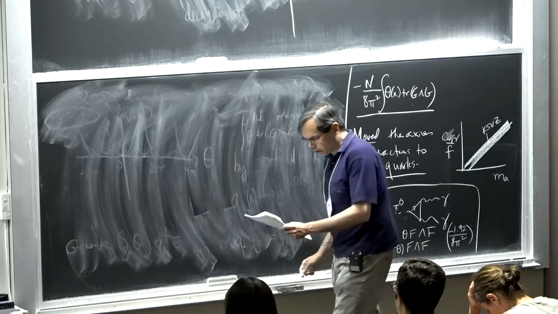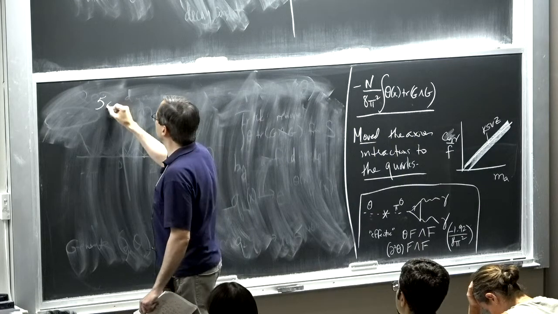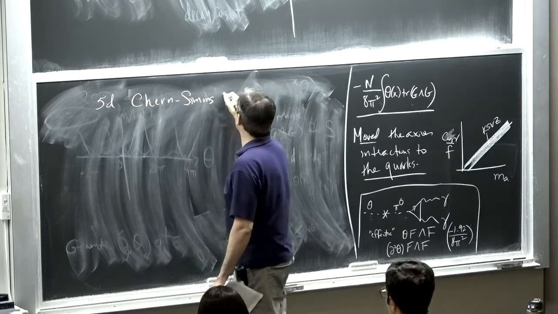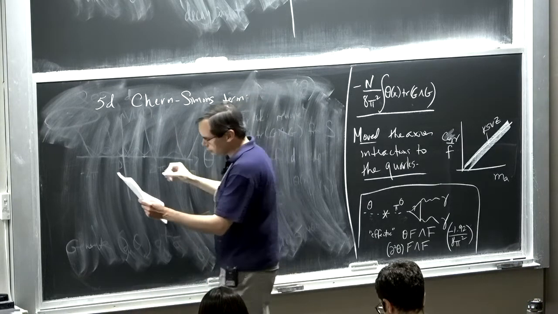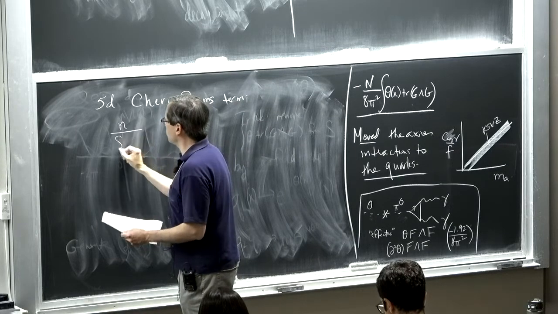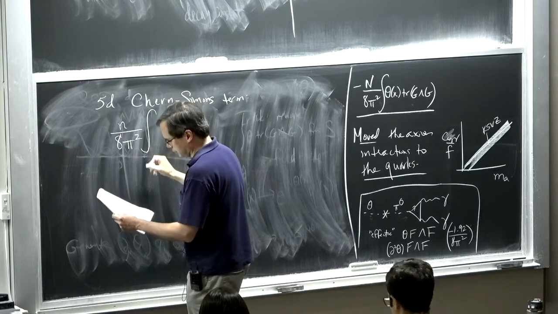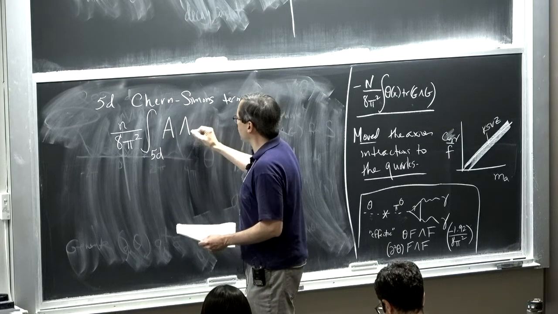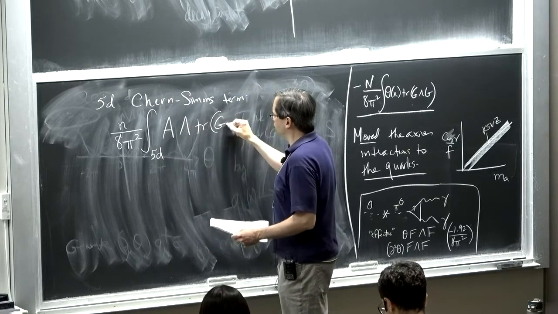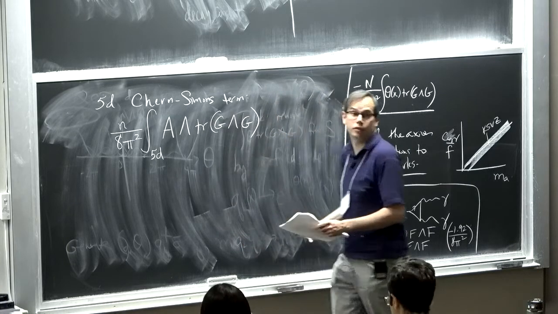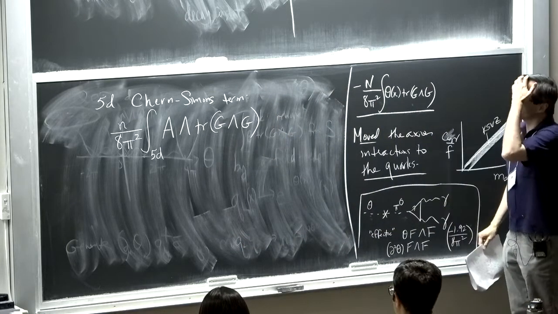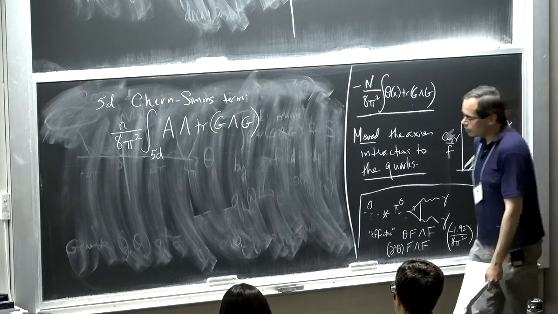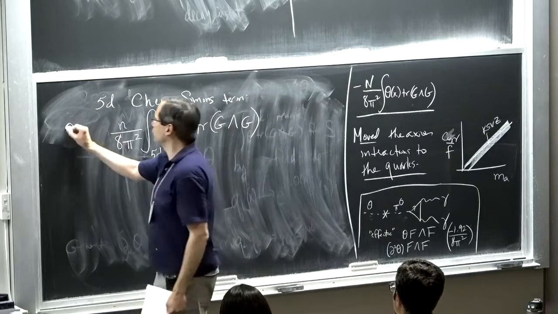It turns out our 5D theory could have a kind of term in it called a Chern-Simons term. That looks like some integer over 8 pi squared, integral over our 5D space of our 5D gauge field A, wedge trace of our other gauge fields, G wedge G. This is a Chern-Simons action.